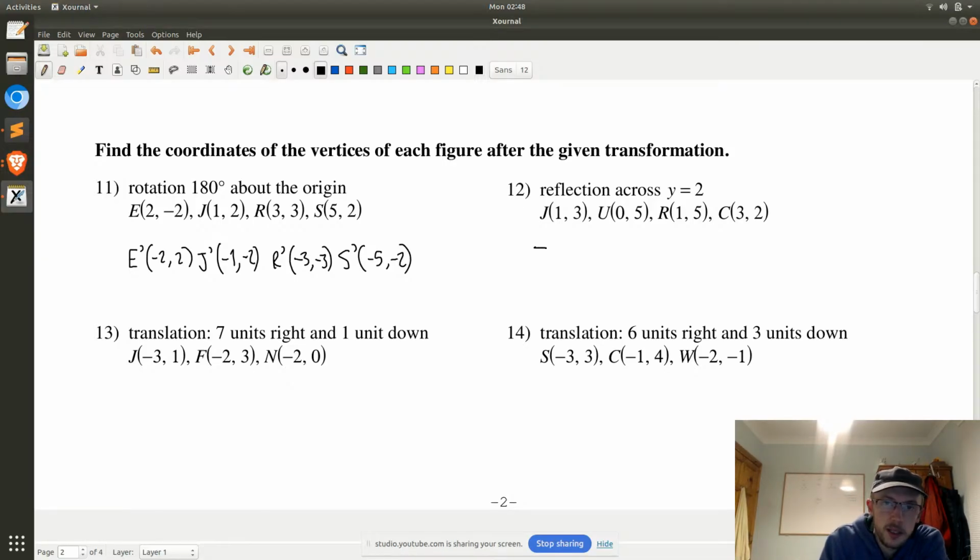Okay, yeah, I get it. So that'll become 3. That'll become 4. That'll become 3. And that'll become 1.